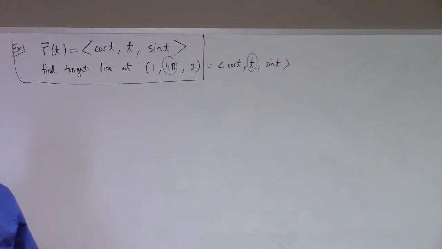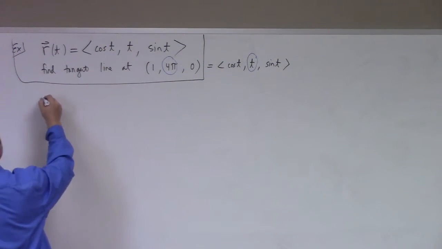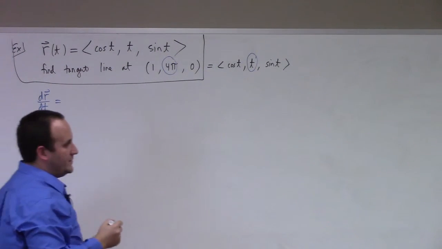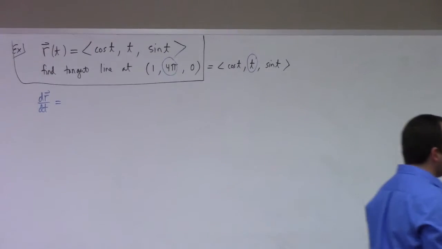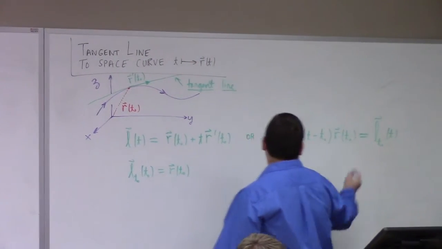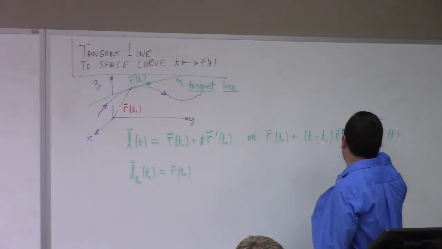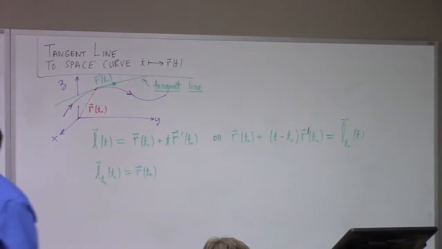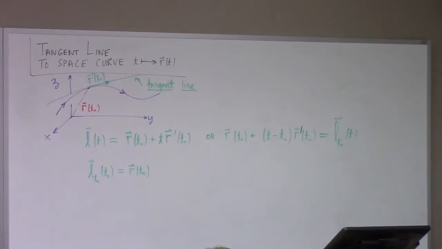All right. You need to put for your equation r of t naught plus t minus t naught times r prime of t naught, of course. So what's dr dt here?